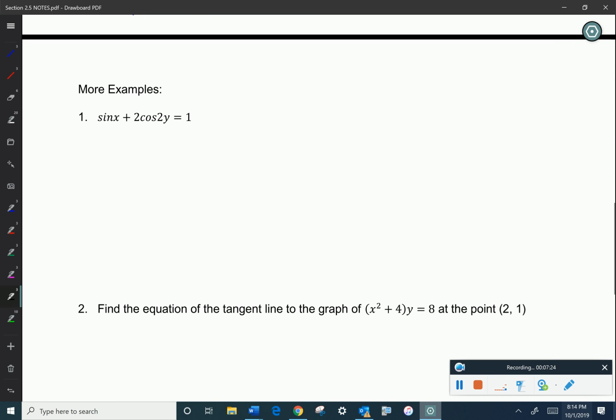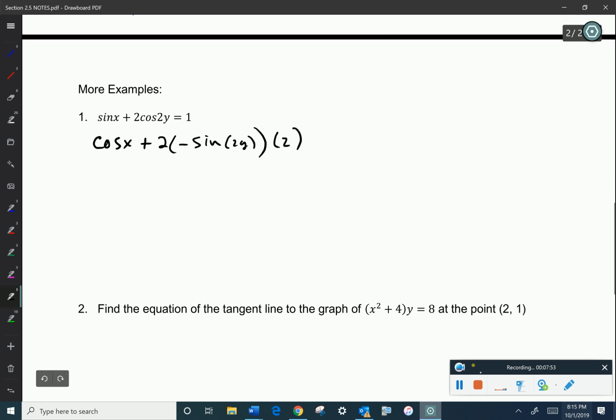Trig works the same way. So I just start on the left, work my way across. The derivative of sine of x would be cosine of x plus, so in order to do the derivative of my 2 cosine 2y, I'm going to bring down the 2 that's out in front, leave that alone. Now the derivative of cosine is negative sine of the same angle, and then the derivative of the inside would be times 2.